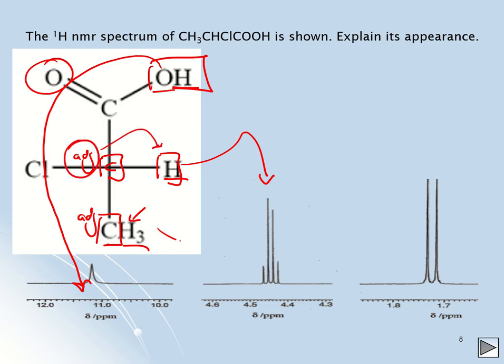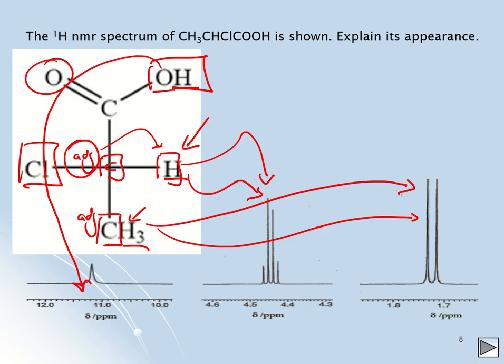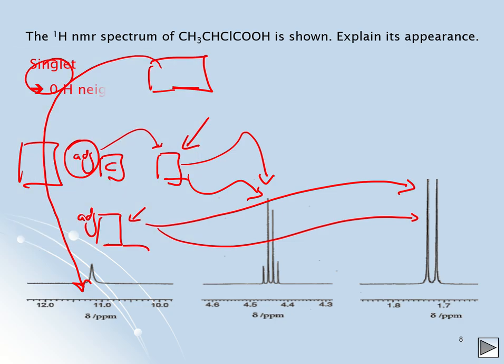So that's going to split to a doublet. This single hydrogen here we would expect to be in the middle because it's close to the electronegative chlorine. And on the top end here, this CH3 is the most shielded, and we would therefore expect it to be the most upfield, which it is.